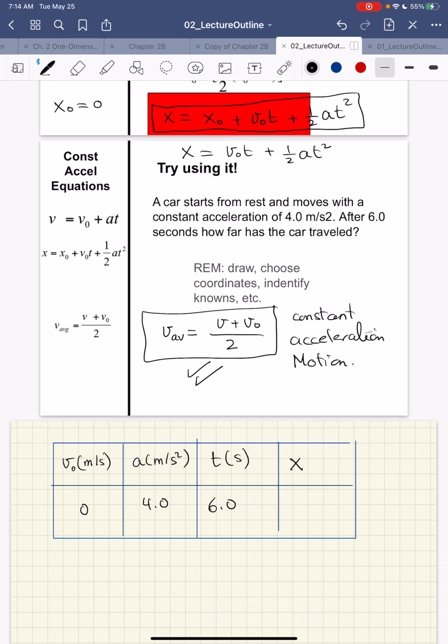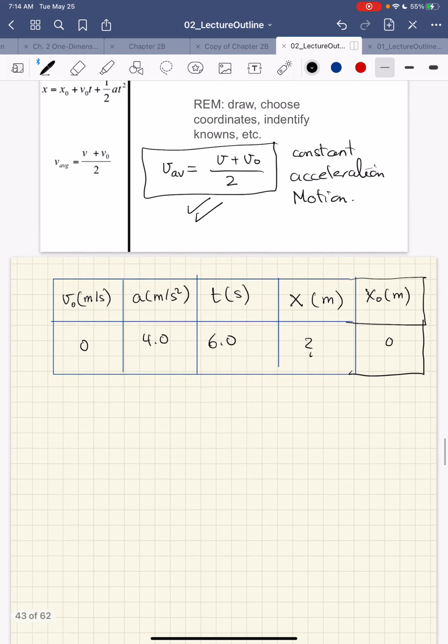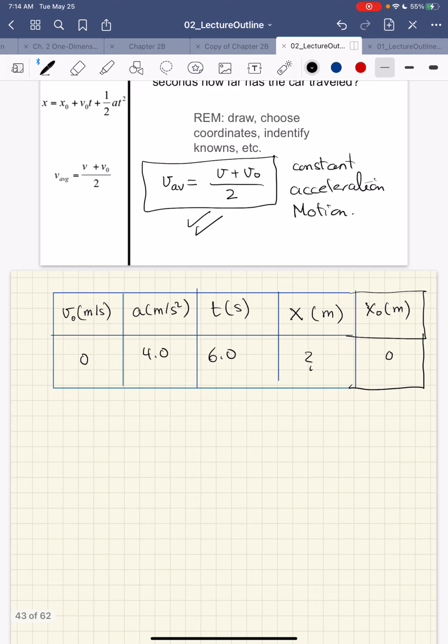Then I am looking for X, in meters. Now you can add another cell here and say I can choose my coordinates so that my origin starts from X, where at t equals 0, X was 0.